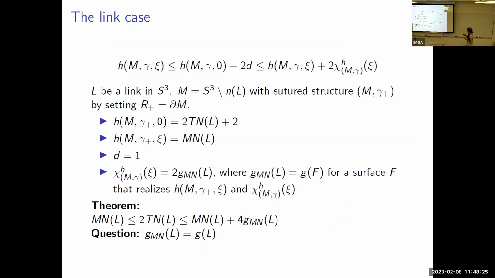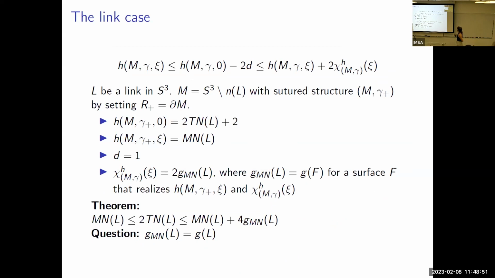Okay. So let me go back to the case of link exteriors. We consider the exterior of the link, and we consider it as a suture manifold by saying that all the toroidal components belong to R plus.